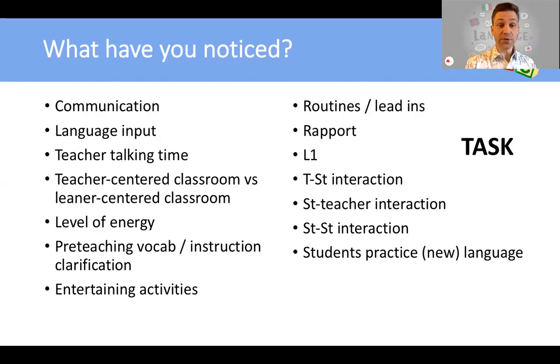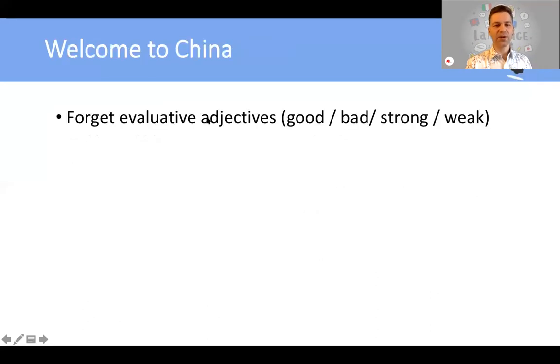So what I will do next, I will show you a different lesson. And this lesson comes from China. And this is a large classroom. And this is a British teacher. And you have pretty much the same questions. Don't worry much about good, bad, strong, weak teaching.